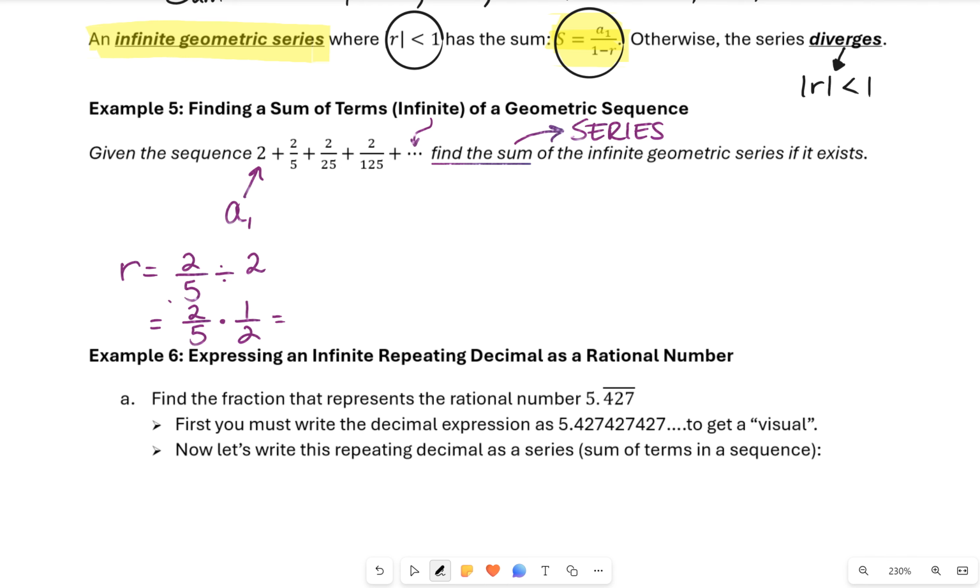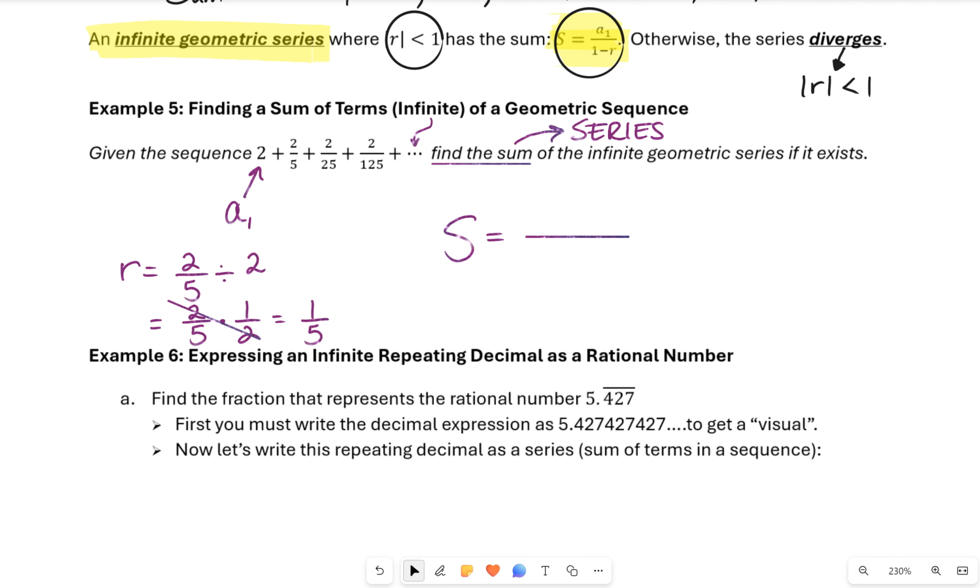The 2's cancel, and so 1 over 5 is your r. So I have a1 and r, and now I'm able to calculate the infinite sum.